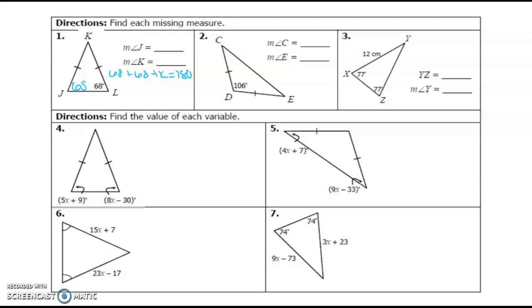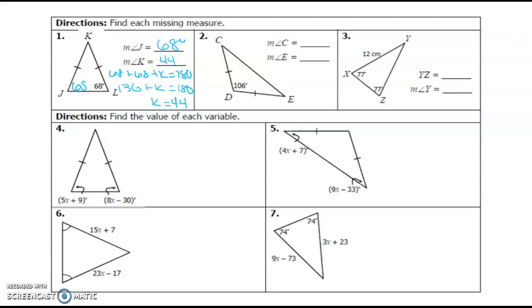So then we know that since the interior angles of a triangle should add up to 180 degrees, 68 plus angle K should add up to 180 degrees. So if we solve for K, we can find that K equals 44 degrees. So we'll fill those in.